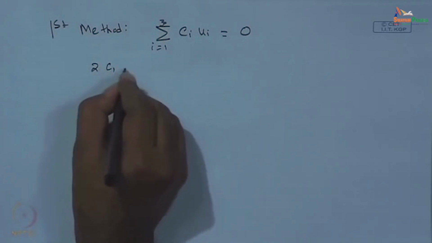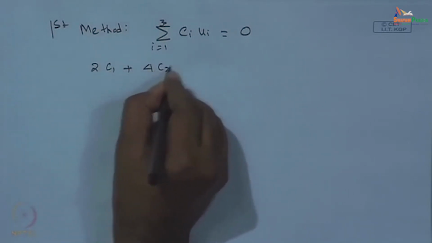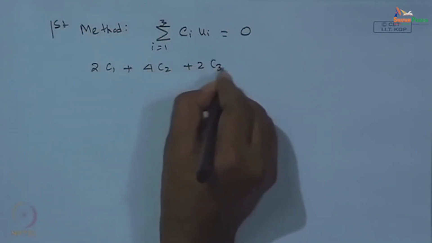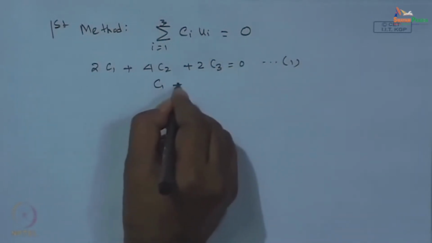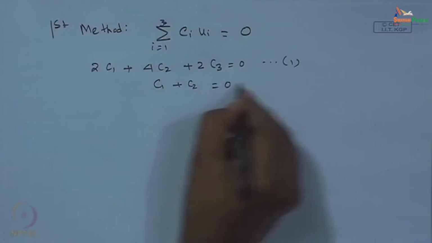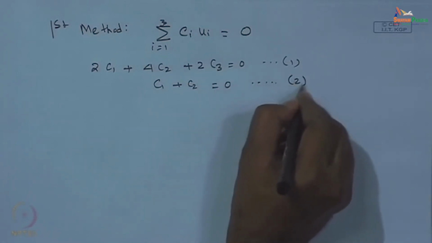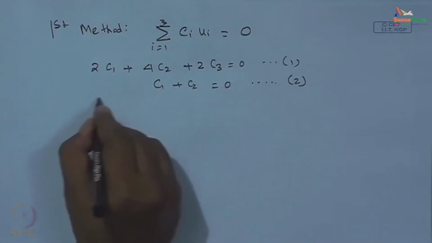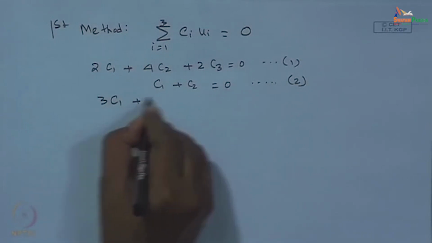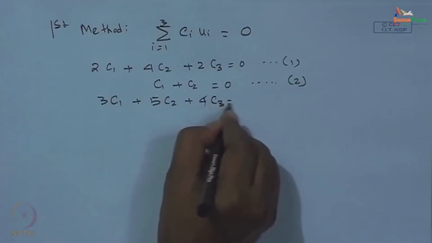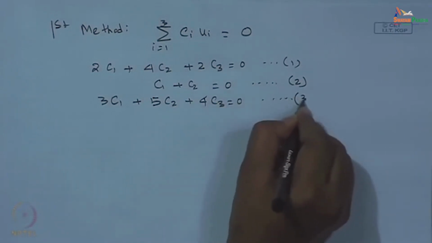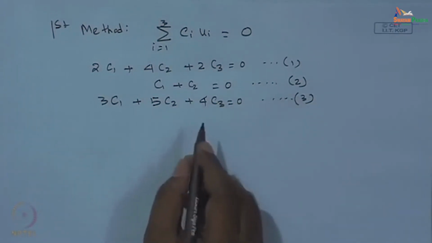So, this will be 2C1 plus 4C2 plus 2C3 equal to 0, that is equation number 1. Then C1 plus C2 equal to 0, that is equation number 2, and the third one will be 3C1 plus 5C2 plus 4C3 equal to 0, that is equation number 3.